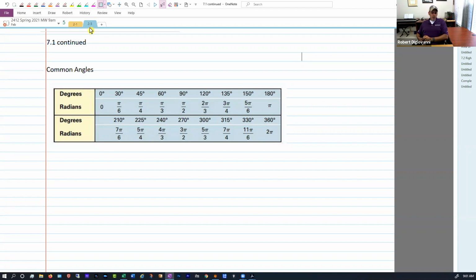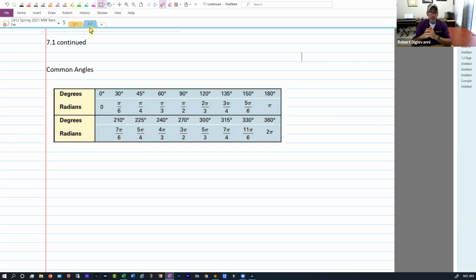Okay, so we were talking about angles last time, and we determined that there are two ways to measure angles, either degrees or radians. Most students come into a class like this having heard of degrees, while radians seem to be this mysterious thing.